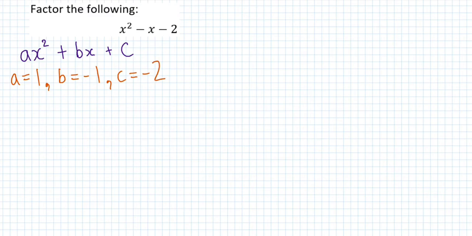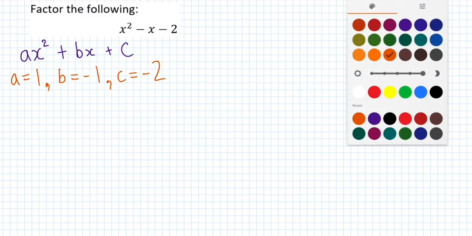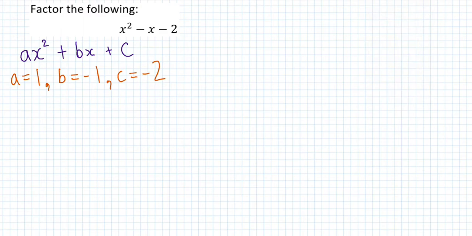Okay, now that we have this, we can set up the next part, which is a times c is equal to, well, we know that from the orange part above, is 1 times -2, and that equals -2. B, we just take along for the ride. It equals -1, and that equals -1.